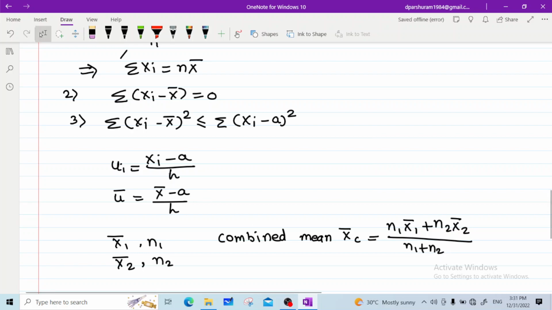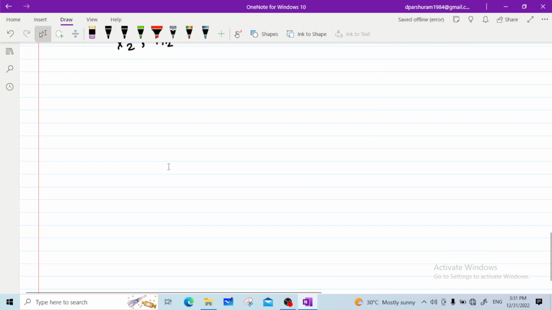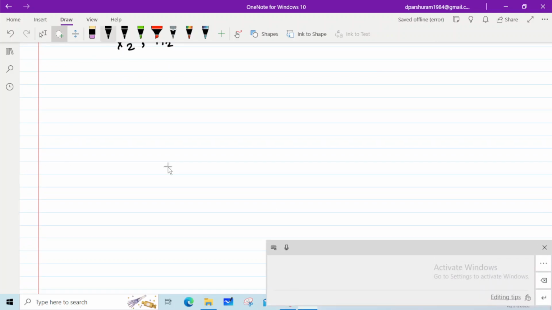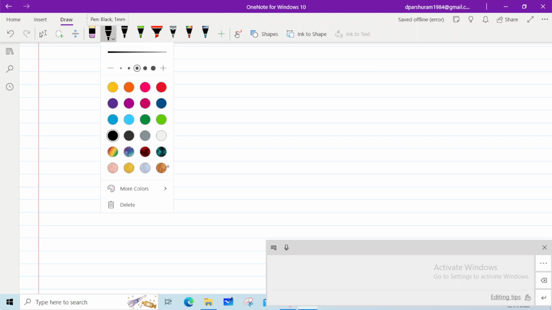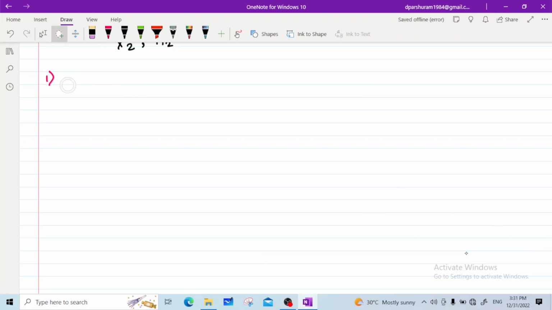Now we solve examples of arithmetic mean. First example is in SIM. This problem is on page number 12.